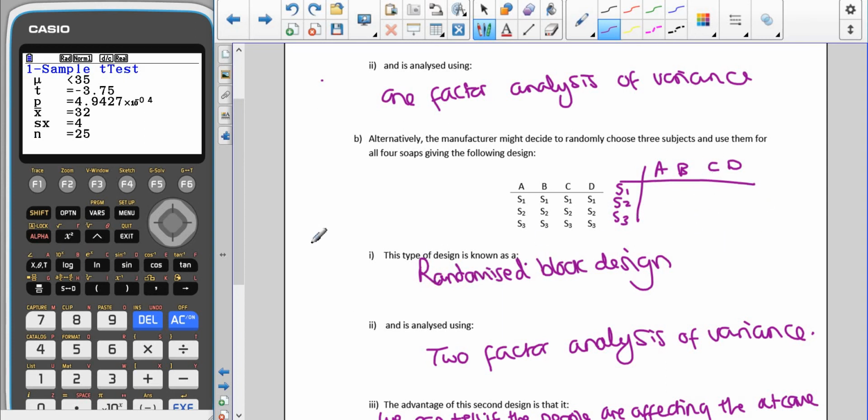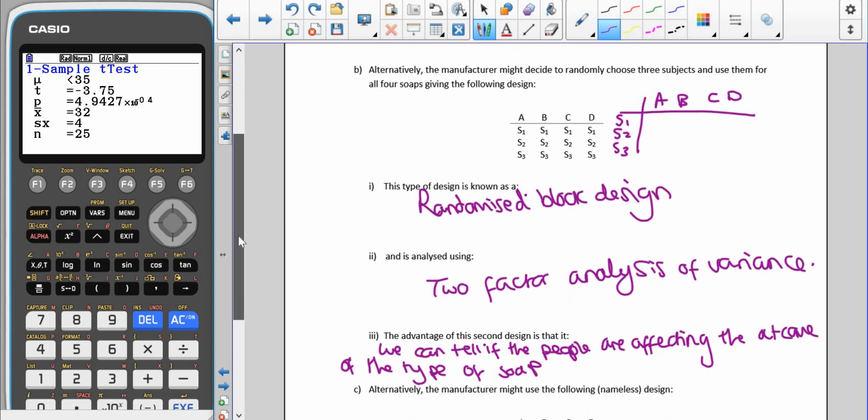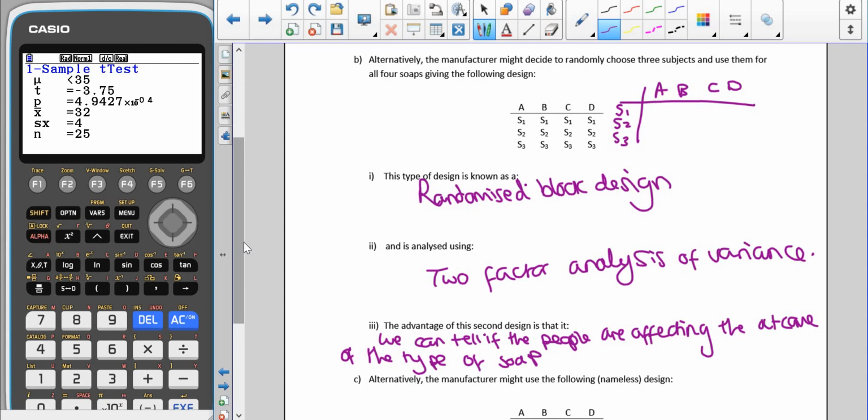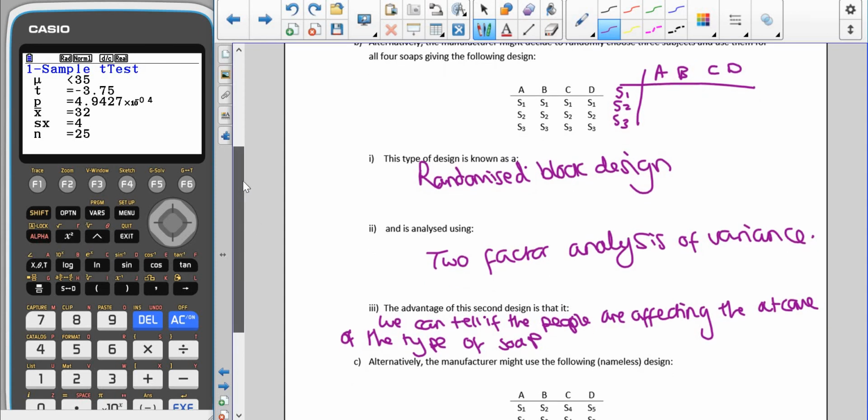So this is then called a randomized block design because the people are our blocking factor. And we would analyse it using a 2-factor analysis of variance. Now, the advantage to using this design over the first design is that we can tell if people are affecting the outcome or if it is actually the type of soap that's affecting the outcome.